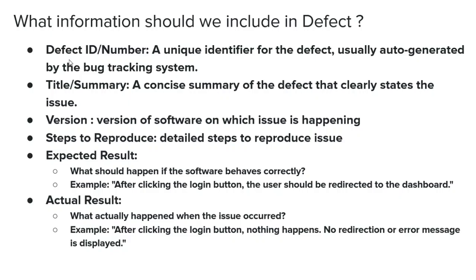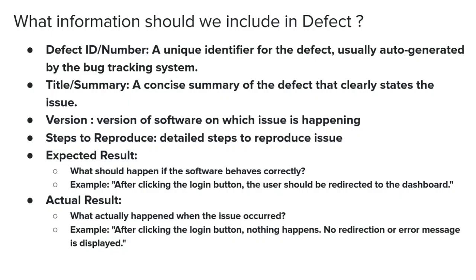The first one is defect ID or defect number. It is a unique identifier for the defect, and usually it is auto generated by the bug tracking system. Whenever you log the issue, it will automatically generate some ID. It is a unique identifier so that you can refer to that issue with that defect ID number.